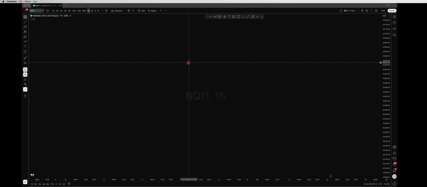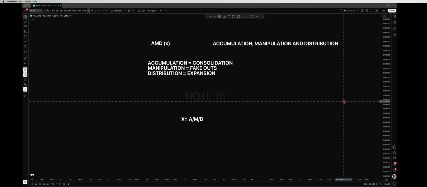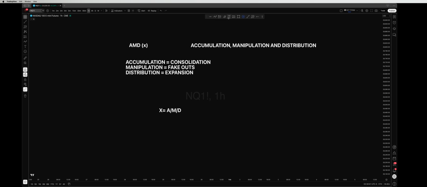You will see some examples and then my plan is to help you connect accumulation, manipulation, distribution, and breaker, mitigation, low resistance liquidity run, high resistance liquidity run. So from the previous video, you might have seen me talking on this to confirm a market structure shift.